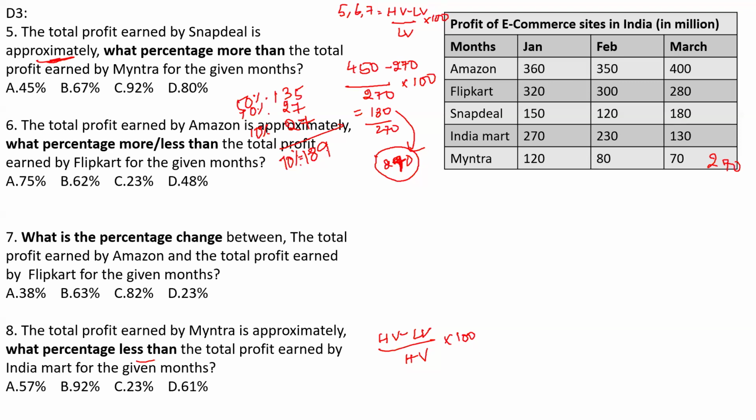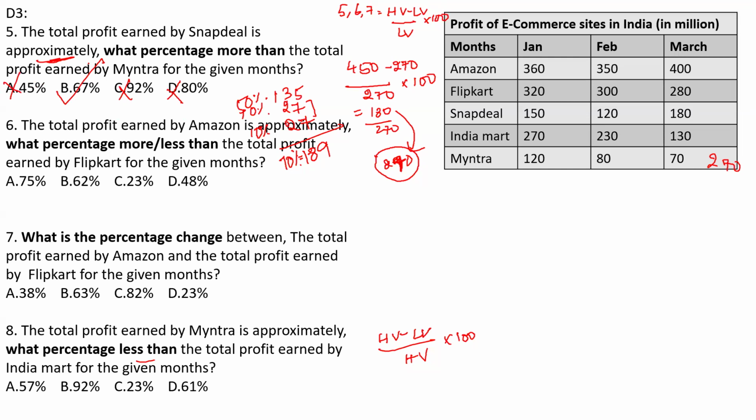So 70% is equal to about 189, but we want an answer of 180. So the answer would definitely be between 60% and 70%. Am I clear? So 45% is eliminated, 92% eliminated, 80 also eliminated. The exact answer would be 67%.